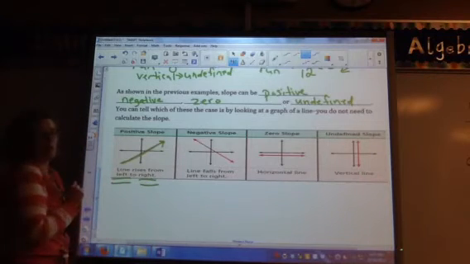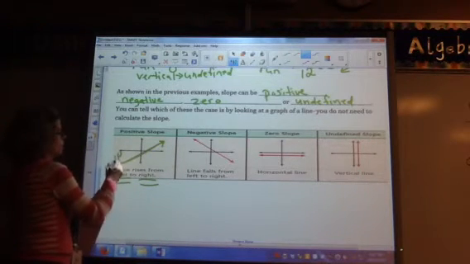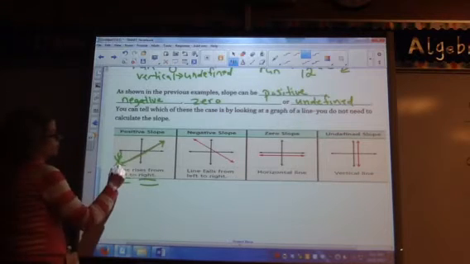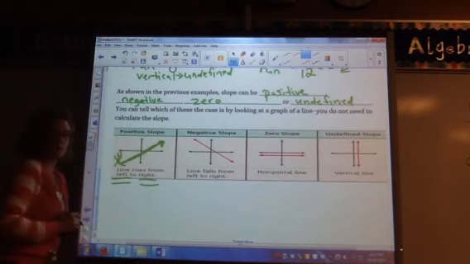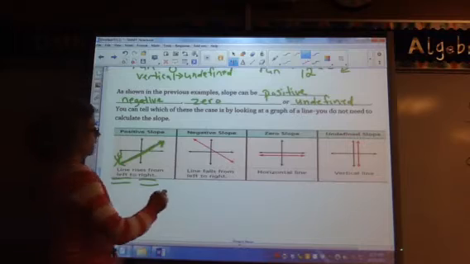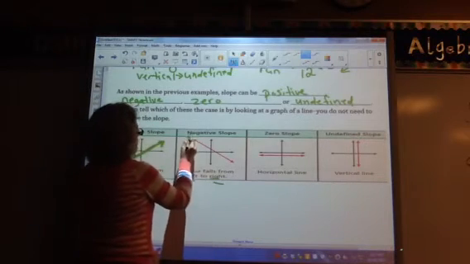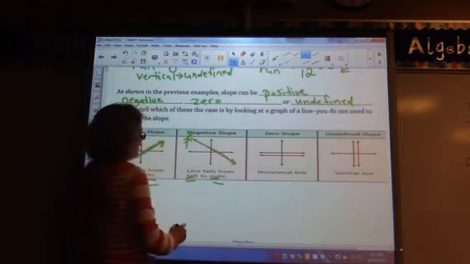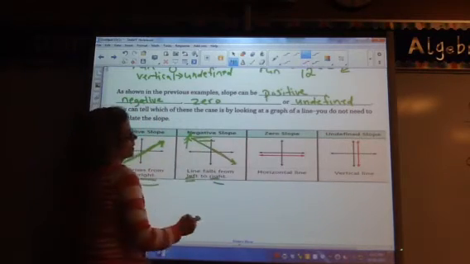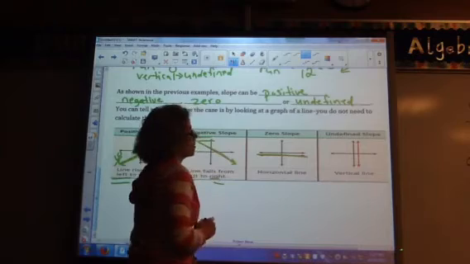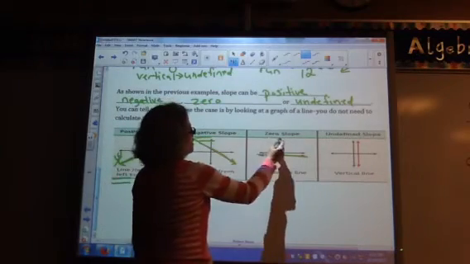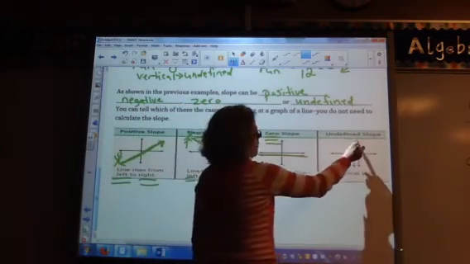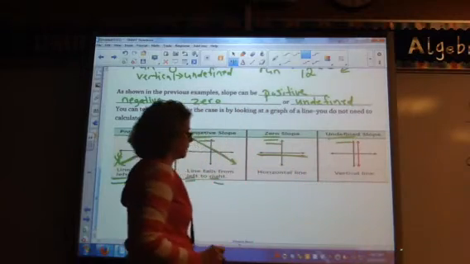That is a positive slope. If you need to, draw a person. Person's going uphill. Steepness of that is going to be positive. Left to right, person's up here, going down. So this is a negative slope. This is a horizontal line. It doesn't matter where the horizontal line is, slope is 0. This is a vertical line, undefined.